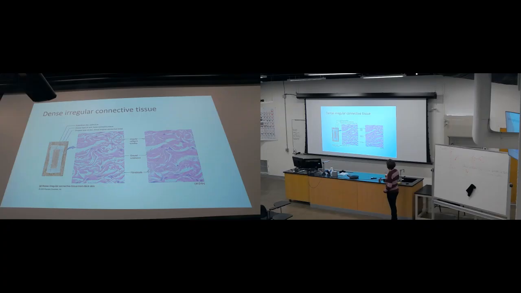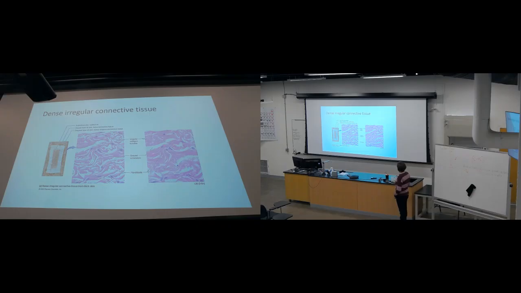Now, deeper in our skin, we have dense irregular connective tissue. Again, this is a piece of skin: the superficial layer, the deep layer, loose connective tissue, and the deepest layer of our skin is dense irregular connective tissue. What do we have in it?